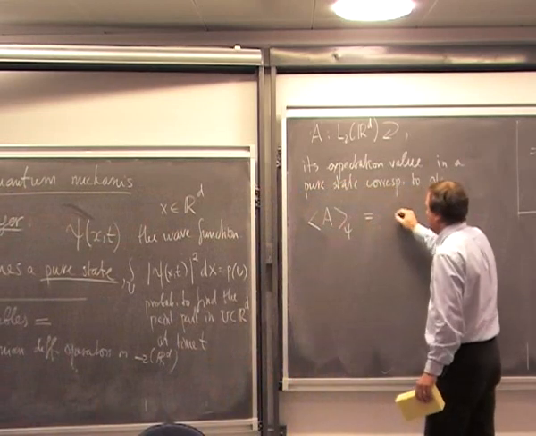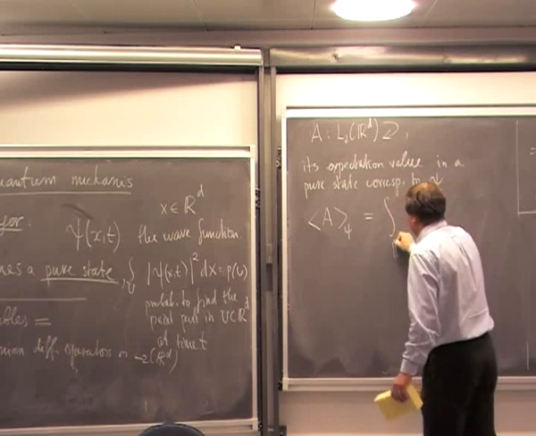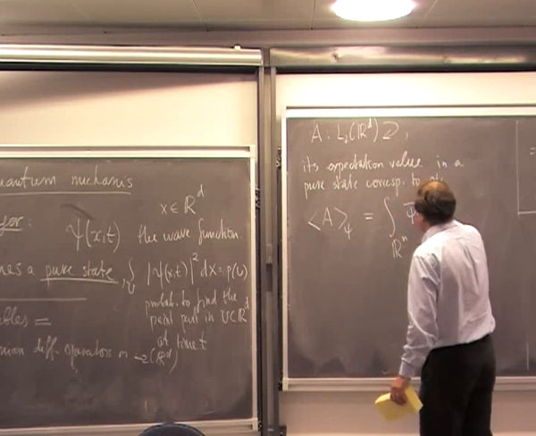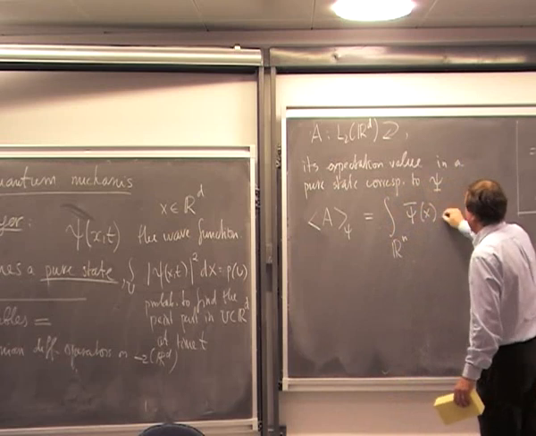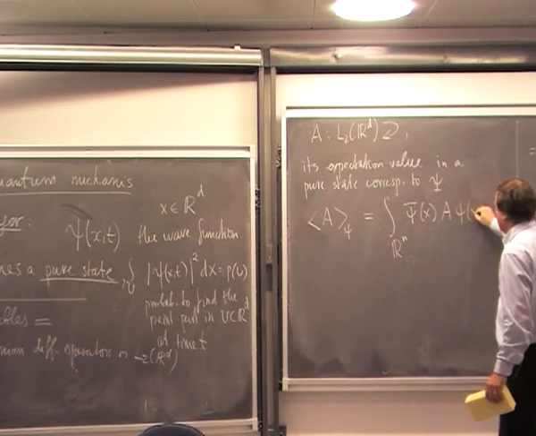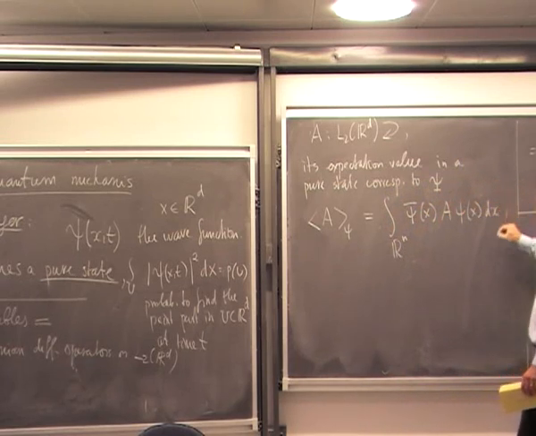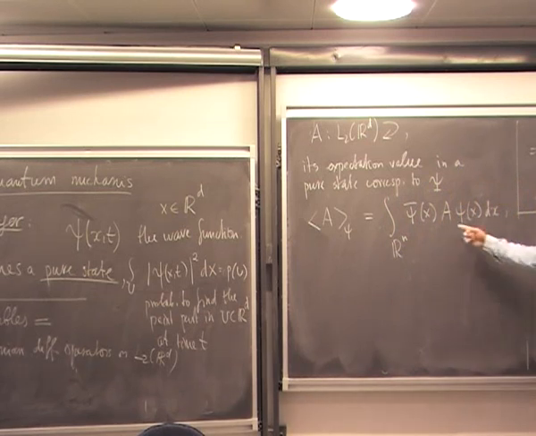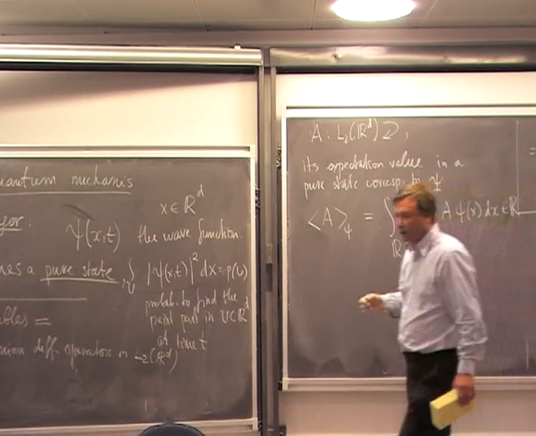There are many ways to denote it, so this is one way: the integral of psi complex conjugate of x, A psi of x, dx. A is Hermitian, so this is a real number, and roughly speaking, this is what you observe in quantum mechanical experiments.